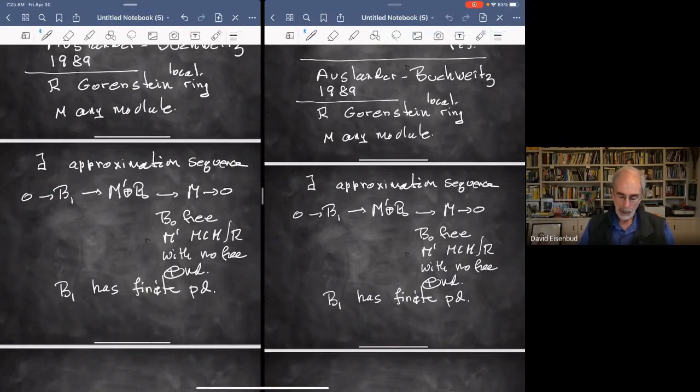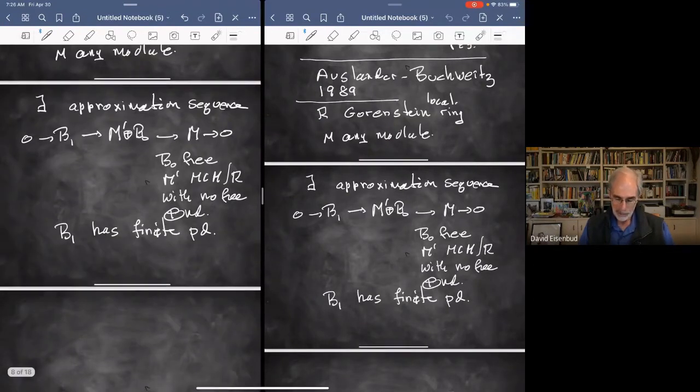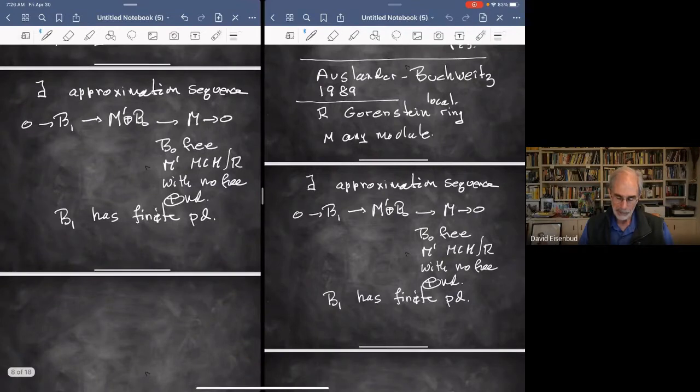The general Cohen-Macaulay case, B1 wouldn't have finite projective dimension, but it would have a finite resolution by sums of copies of the canonical module. And since the canonical module is a fairly mysterious object, that seems less concrete. But this is very concrete.